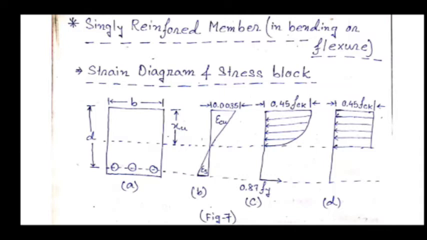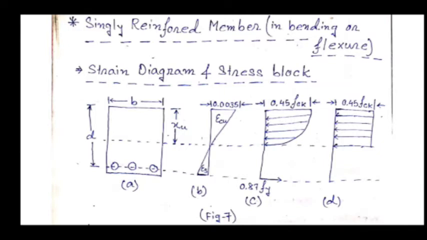In figure 7b, you can see the strain diagram, and the upper limit is 0.0035. How it comes, we will see later from the IS code. Figure 7c, this is the stress block with partial safety factor.